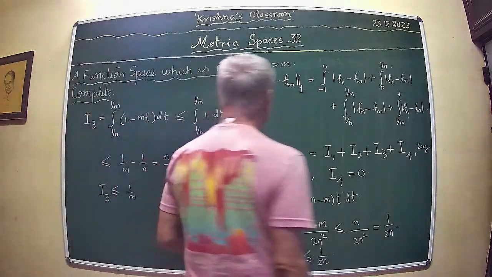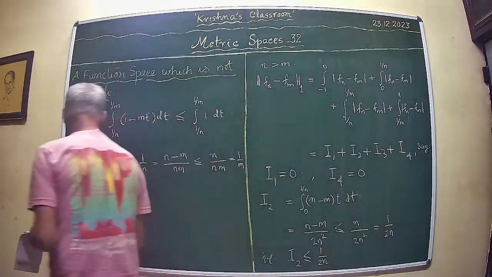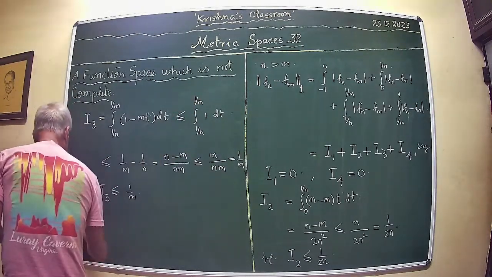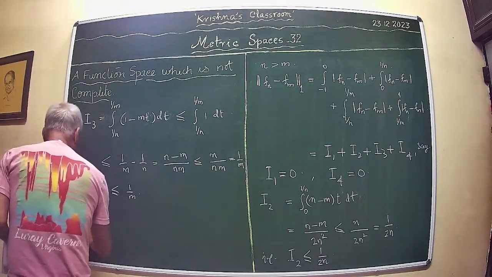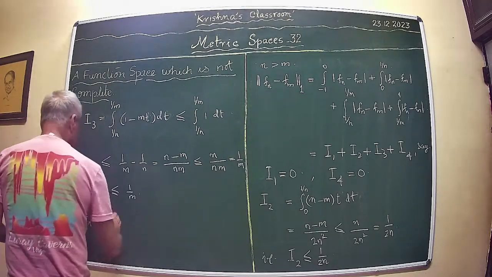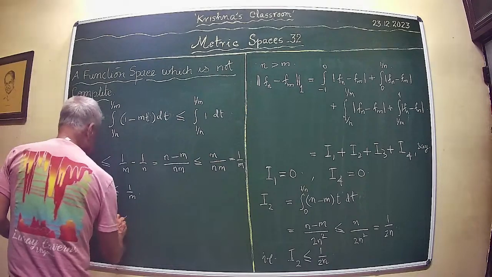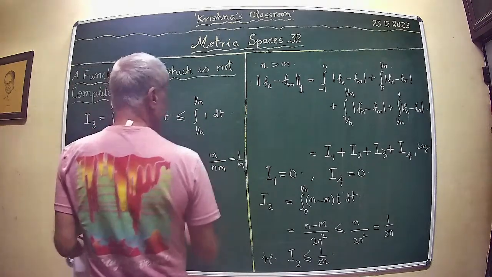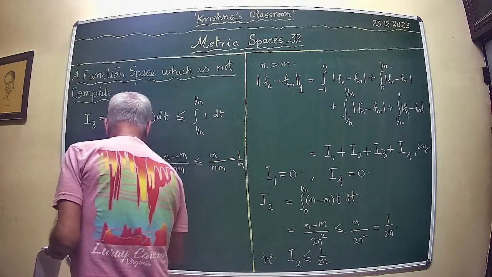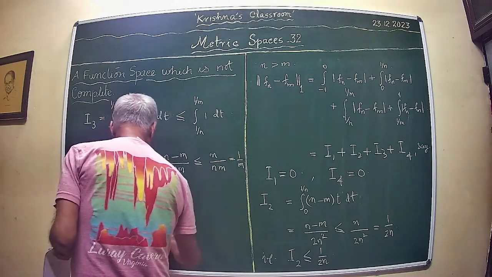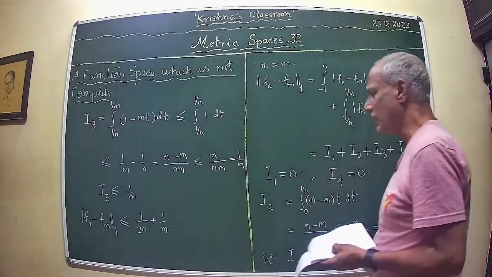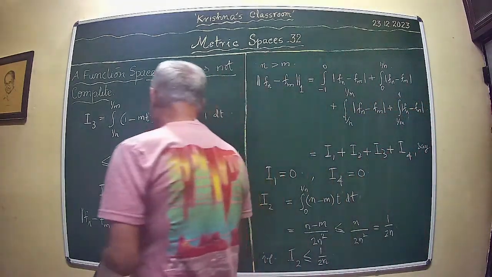So what do we have? Therefore, we have, and I4 is of course equal to 0. Therefore, we have norm Fn minus Fm in D1 is less than or equal to 1 by n plus 1 by m.